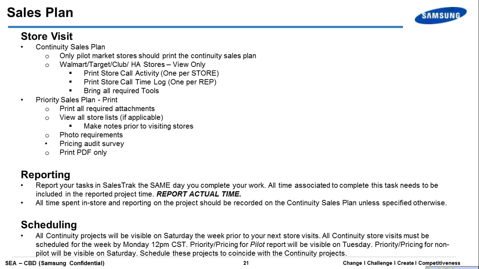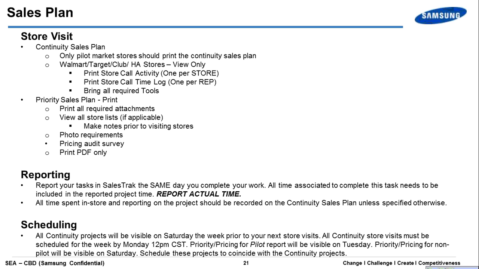Only continuity sales plans in the pilot markets, you will need to again print the sales plan itself. Walmart, Target, and the club stores as well as HA stores, their continuity thing is view only. And then we went over the different types of prints and all the tools required.